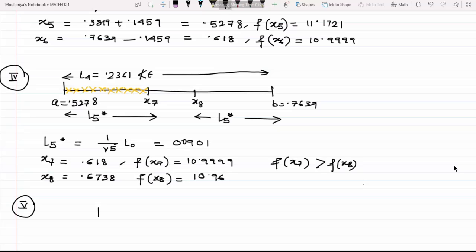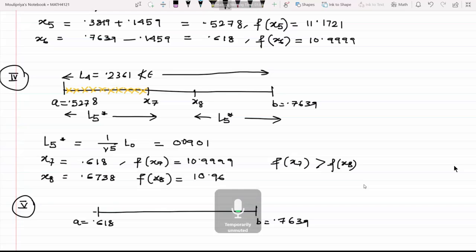So we have reached the condition that we wanted. This is A, which is X7. X7 is 0.618, and this is B, which is 0.7639. Can you hear now?